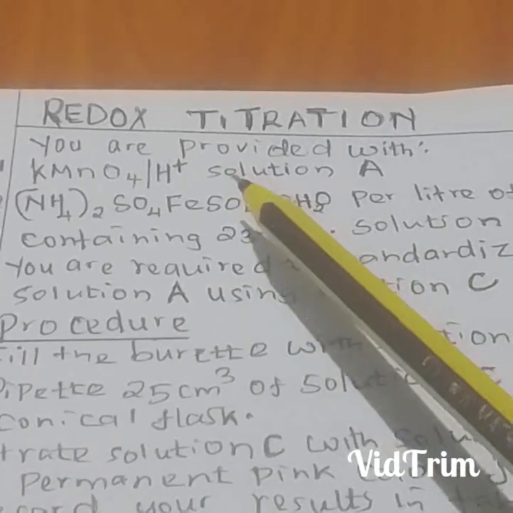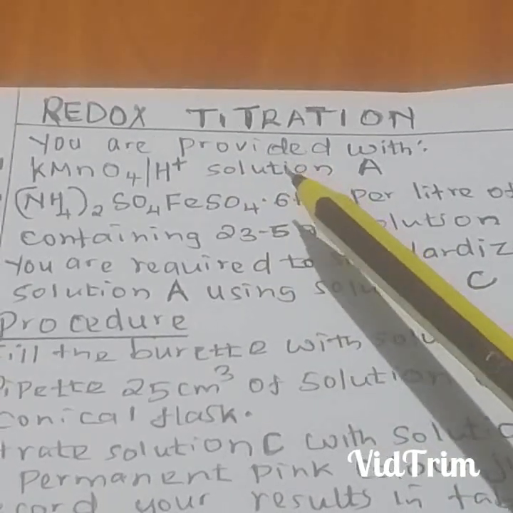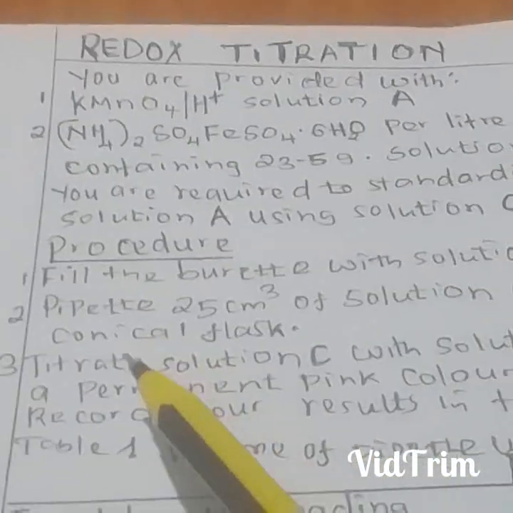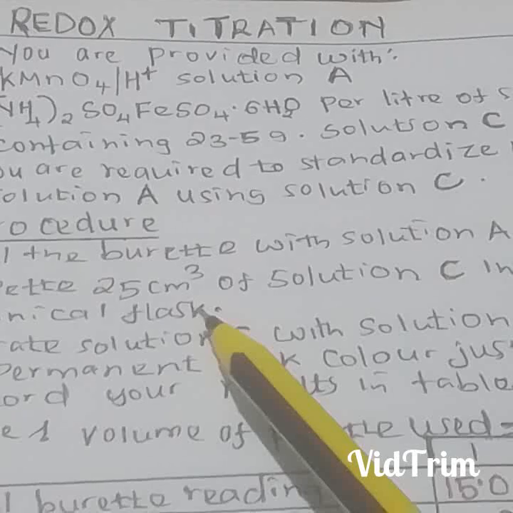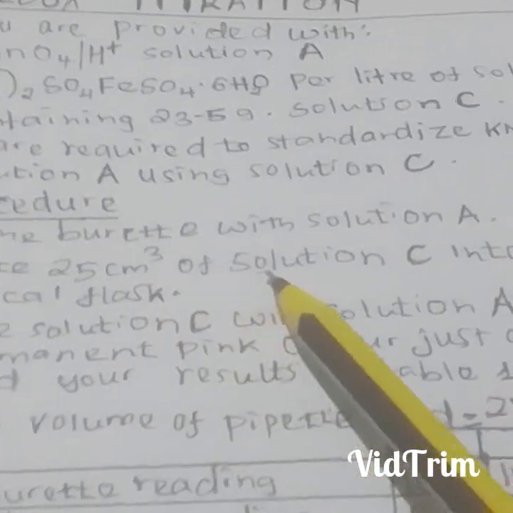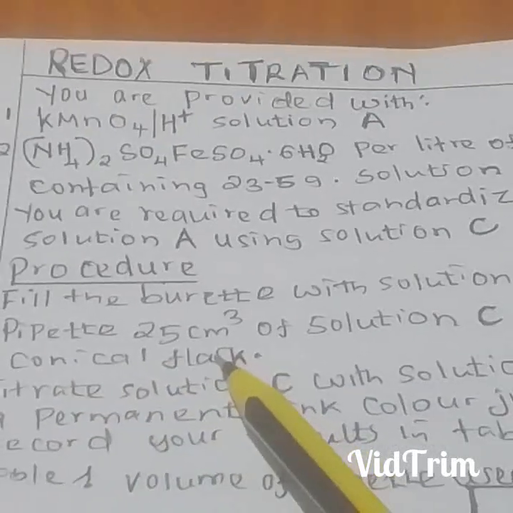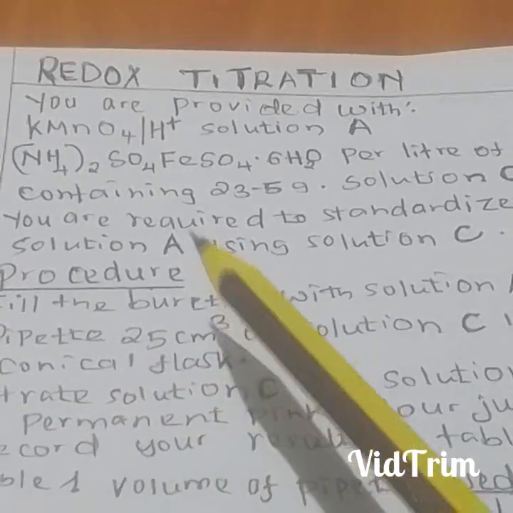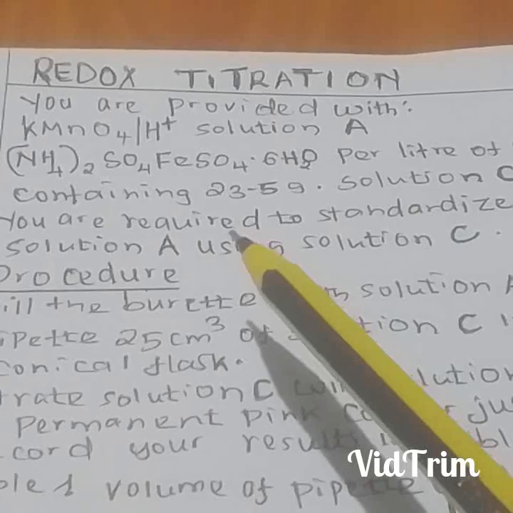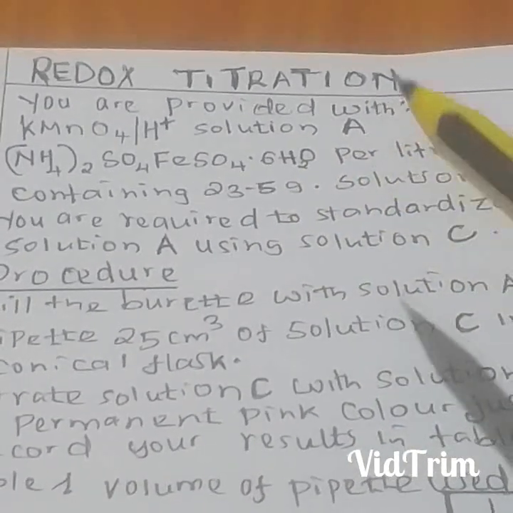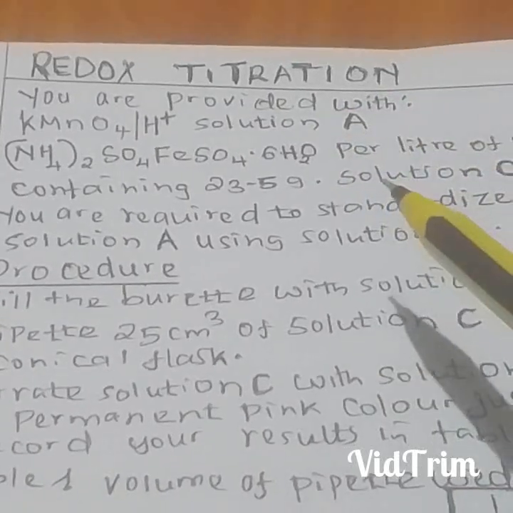From what you have been given, solution A is acidified potassium permanganate(VII) solution. Then procedure number 2, you pipette 25 cm³ of solution C into a clean conical flask. What is solution C? It is aqueous ammonium iron(II) sulfate solution. So that one will go into the conical flask. Is it okay, my student?